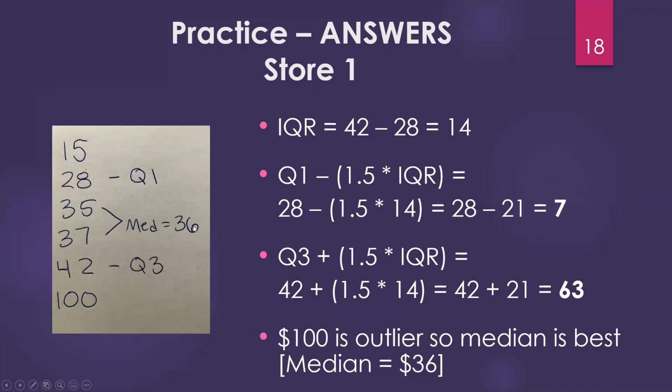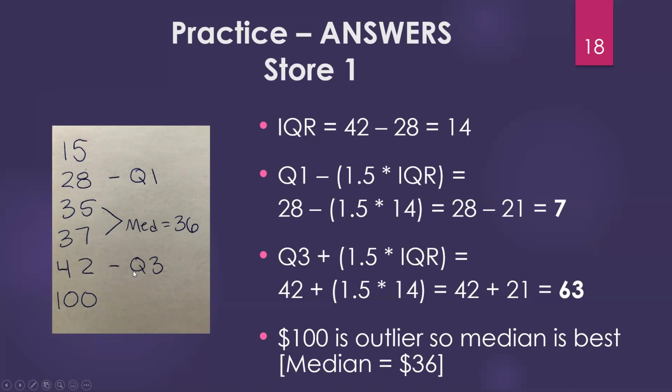Then to calculate our Q1, we're looking at the 3 lower values, the bottom half, and the middle value there is our Q1. Then we're looking at our 3 other values, our 3 high-end values, and the middle one is our Q3. Remember that if you just listed this in opposite order with the high value at the top and the low value at the bottom, your Q1 and Q3 would be the same.